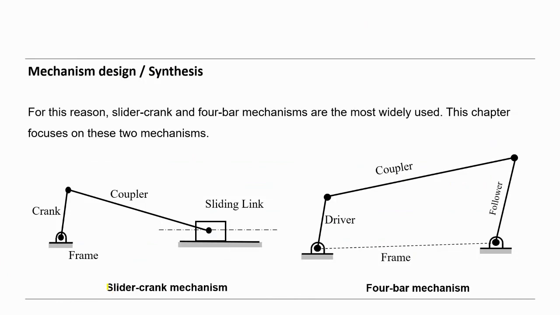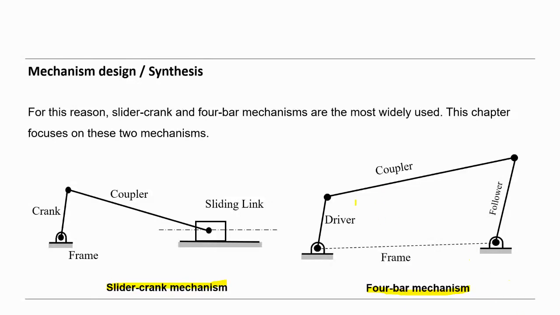So mainly we will deal with two mechanisms: slider crank mechanism and the 4-bar mechanism. There are, you can imagine, many other mechanisms for different applications, but in the frame of our lessons, we will deal with the slider crank mechanism and the 4-bar mechanism.